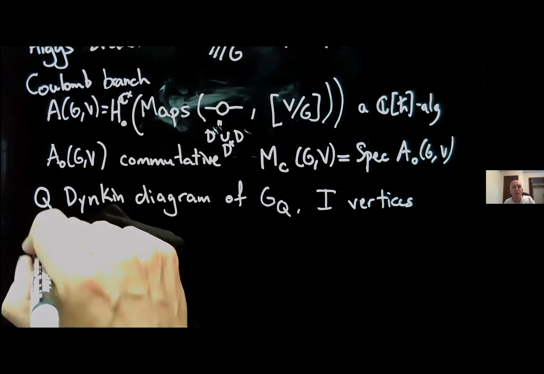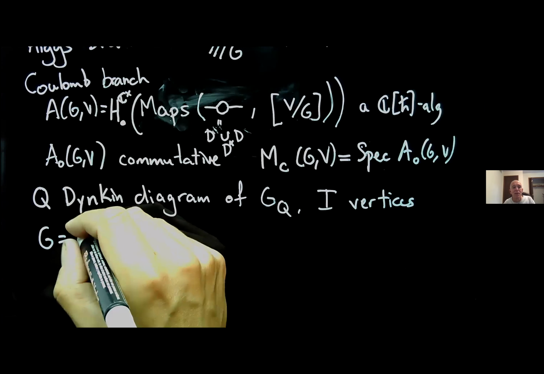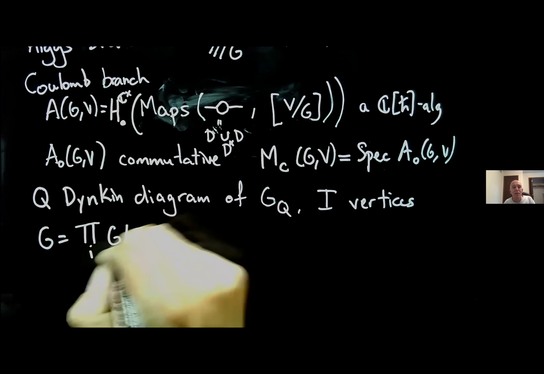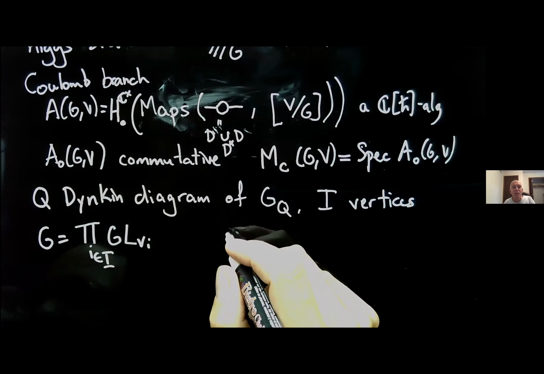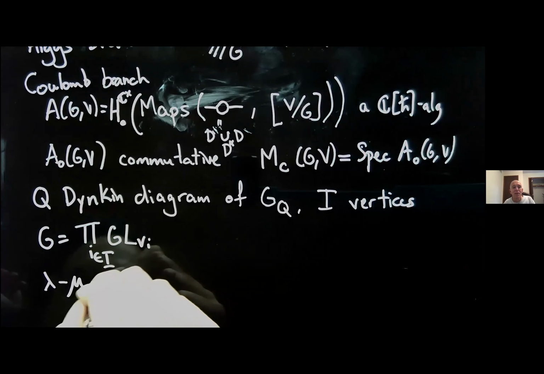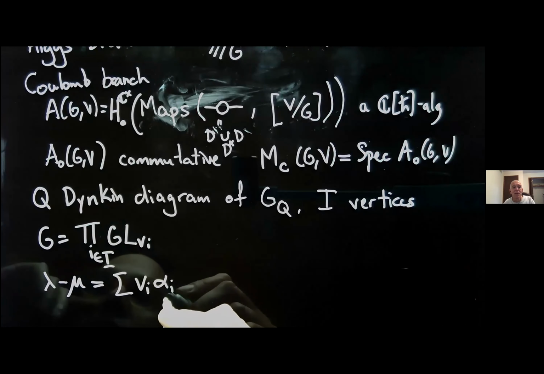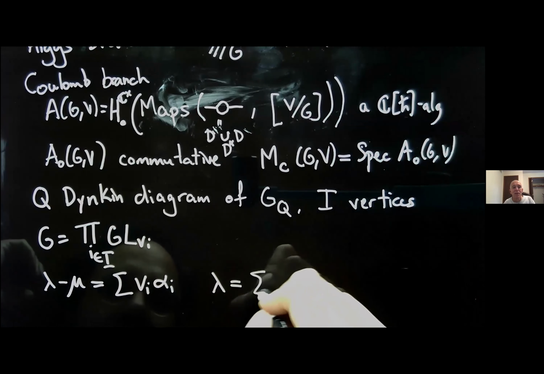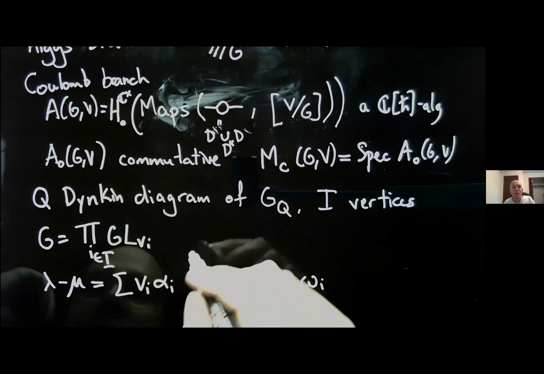And this group G, the one we'll use as the input to this Coulomb branch construction, will be the product over I of some GL_{V_i}s, so a product over vertices of a bunch of GL_Ns. And I should probably have said this before. So again, I have this lambda and mu, and I use them to define these V_is by taking their difference and writing their difference as a sum of simple roots. And I'll also write lambda as a sum of fundamental weights to obtain some other numbers, W's. This is the usual notation from Nakajima varieties.